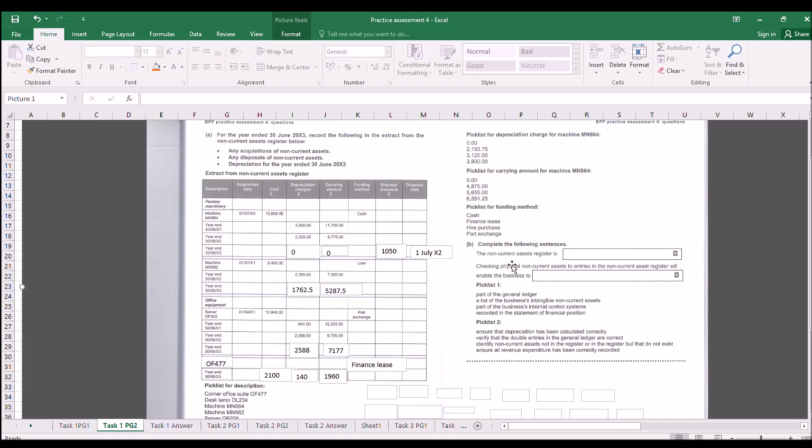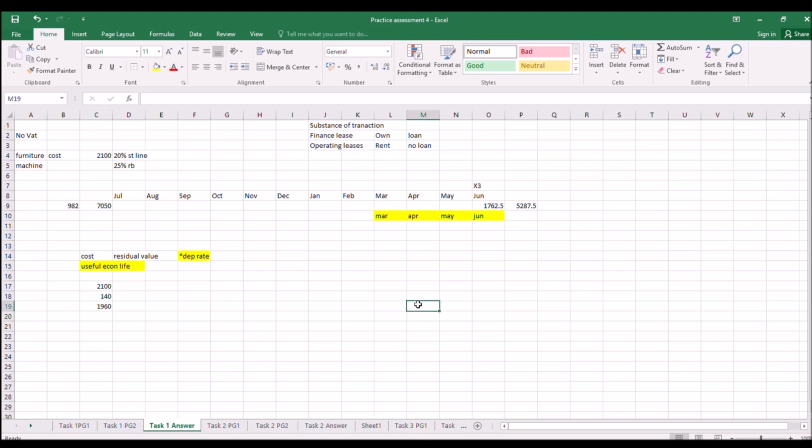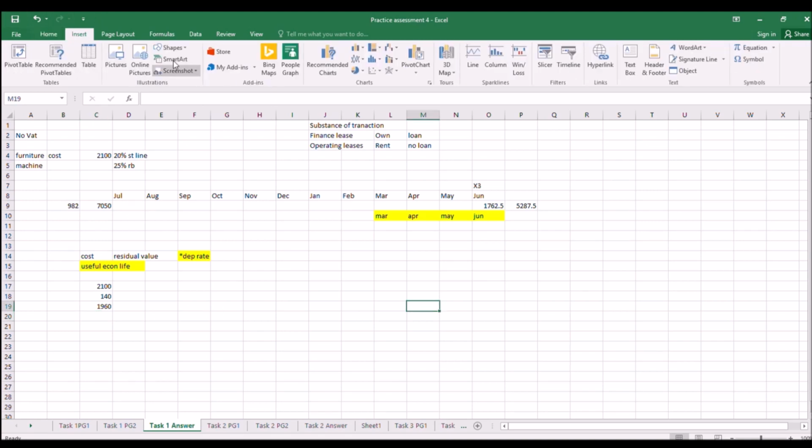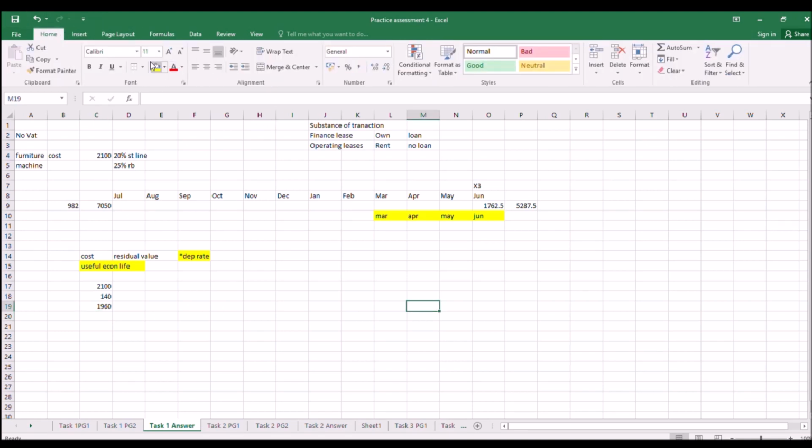So complete the following sentence: The non-current asset register is... Let's have the option: part of the general ledger. No, it's not. We've got a general ledger here, where all of our double entry bookkeeping sits, all of our control accounts, everything to create the draft trial balance.